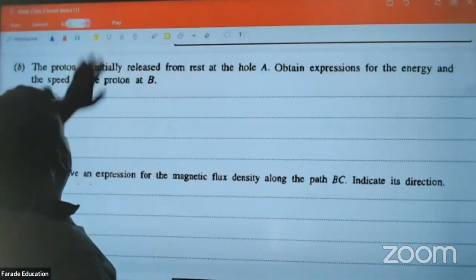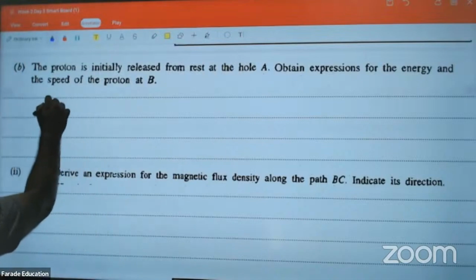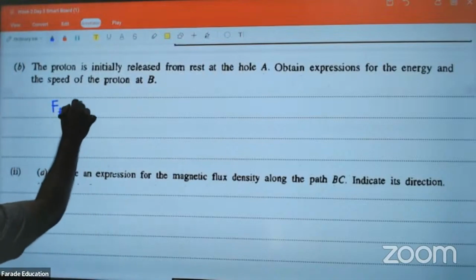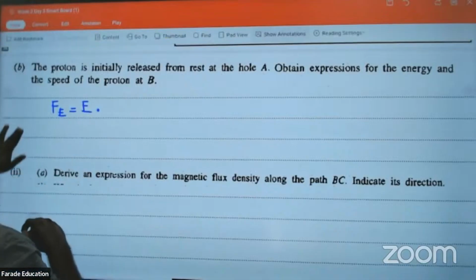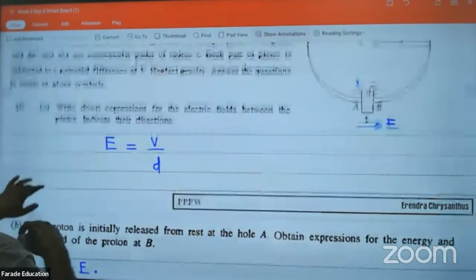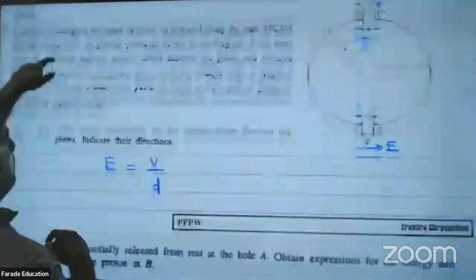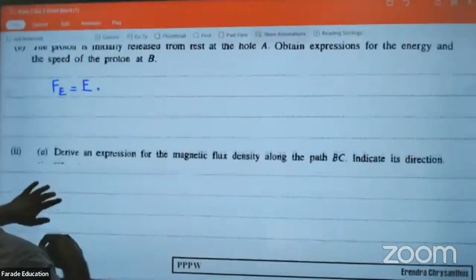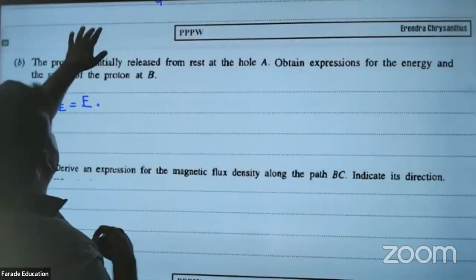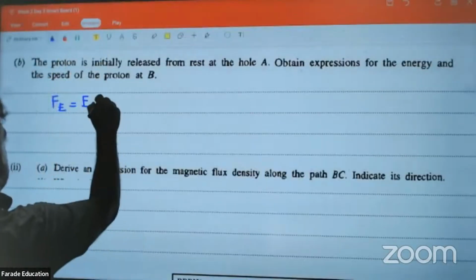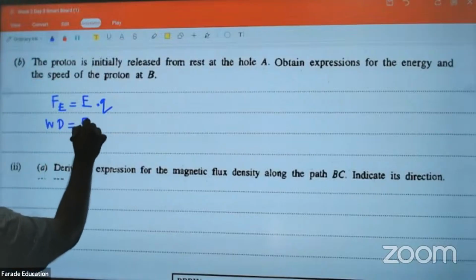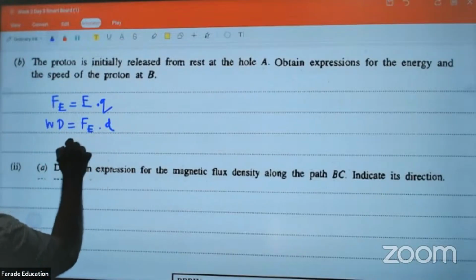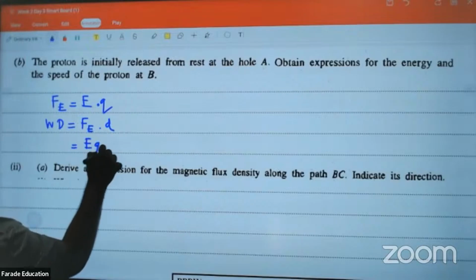That force is a uniform force. So electric force is equal to electric field strength multiplied by the charge. What is the charge here? Charge is simply Q. So what is the work done? Force multiplied by displacement, EQD.